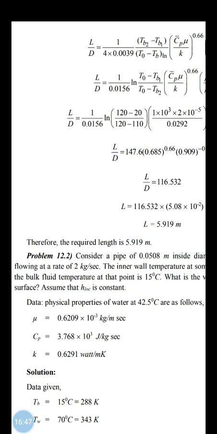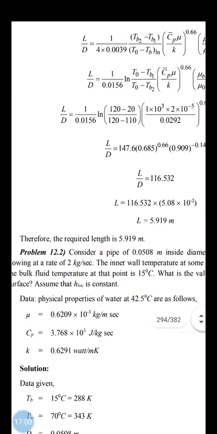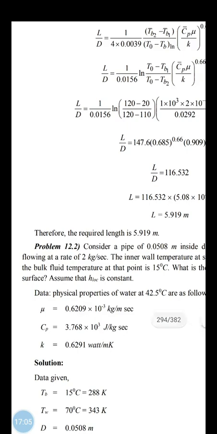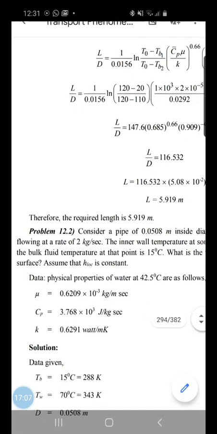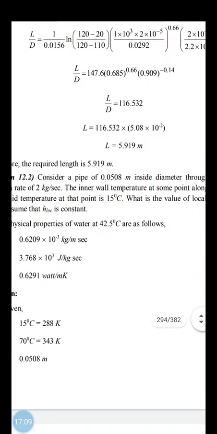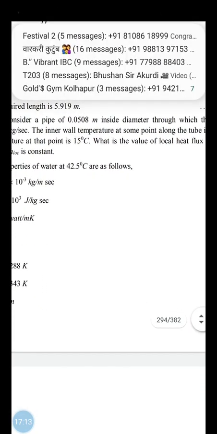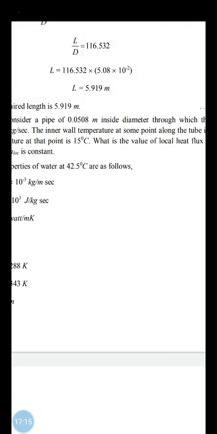The next problem is 12.2, where again the value of local heat flux is asked. Consider a pipe of 0.0508 inside diameter through which water is flowing at the rate of 2 kg per second. The inner wall temperature at some point along the tube is 70 degrees Celsius and the bulk fluid temperature at that point is 15 degrees Celsius.